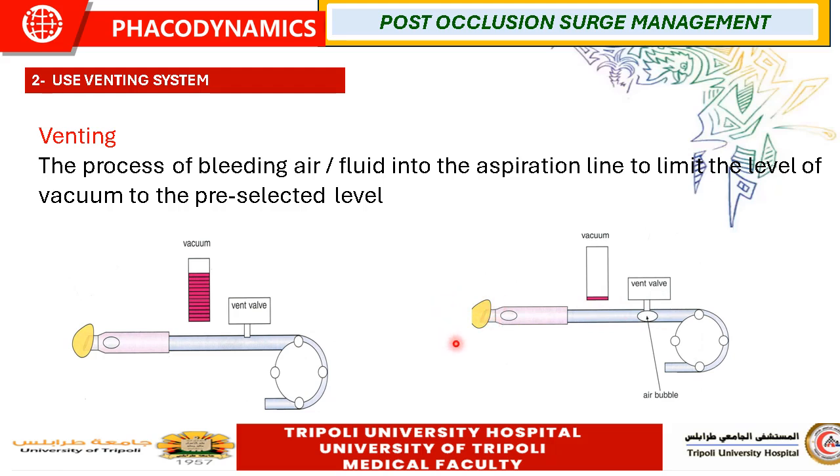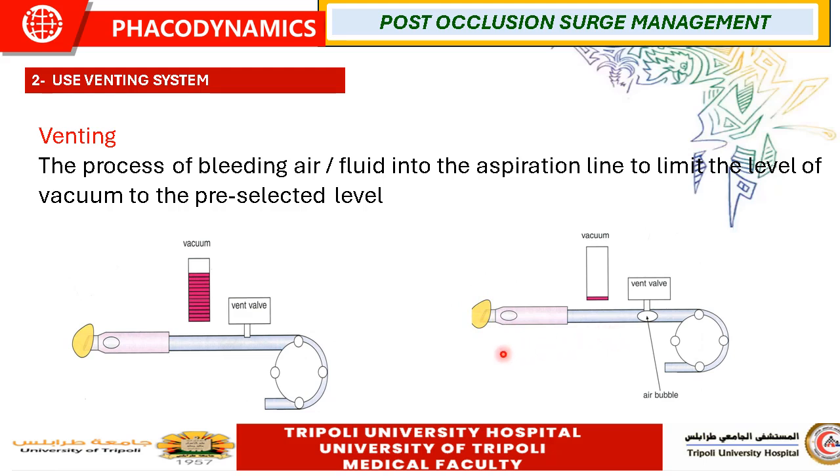At that time, you need to activate the reflux action of the foot switch, as we have spoken before about the reflux action. This is a reverse action in which the pump moves in the opposite direction, so that the reflux action will repel the fragment which is engaged in the phaco needle. Or sometimes you need to use the second hand to assist in removing the lens fragment from the phaco needle.